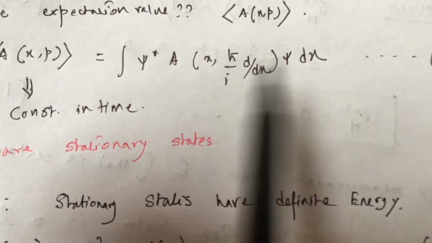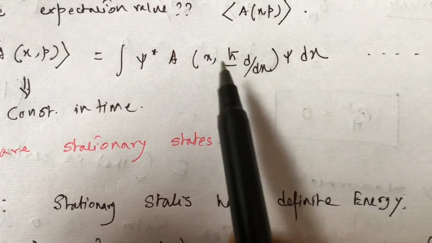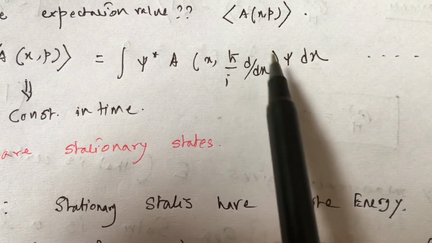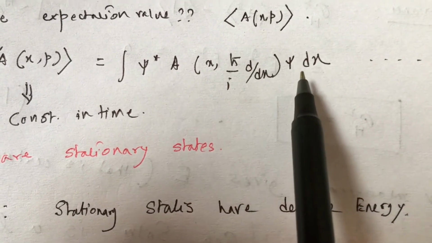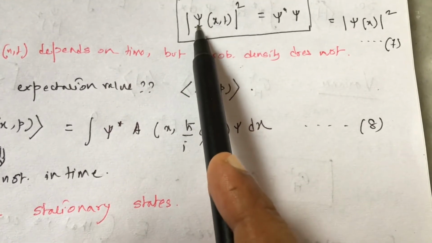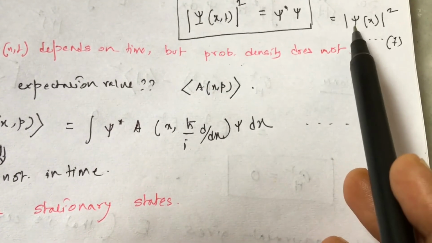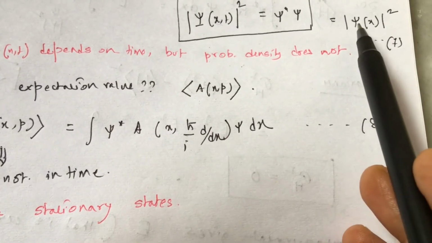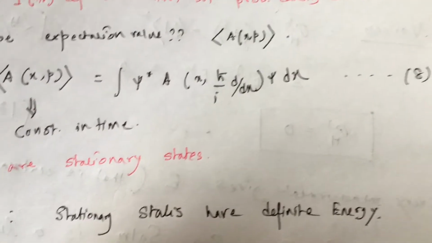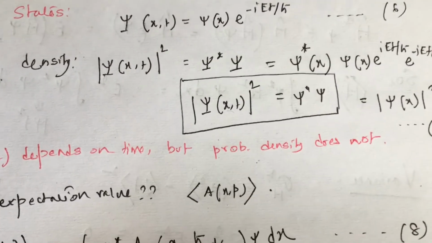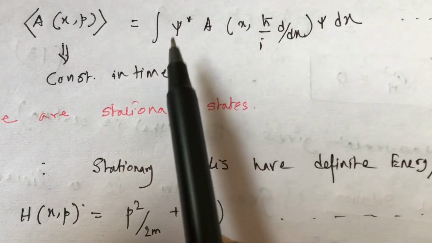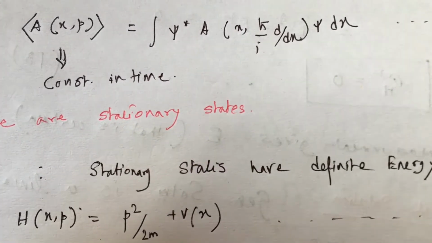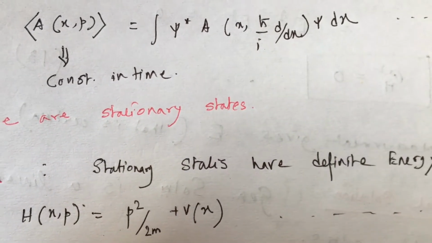Here is the quantity A, which depends on position and momentum, and the expectation value is calculated on small psi, because if I take capital psi mod square, I will get just small psi mod square, which means small psi star small psi. So finding the expectation value for the state in equation 6 is basically finding the expectation value for the wave function small psi.